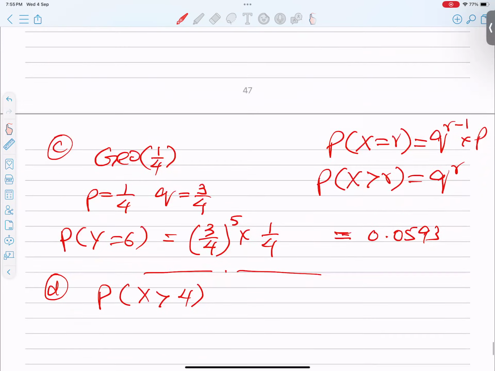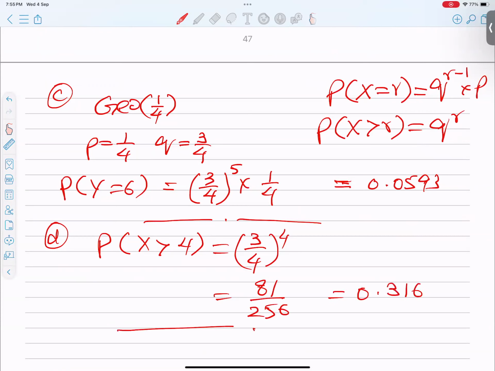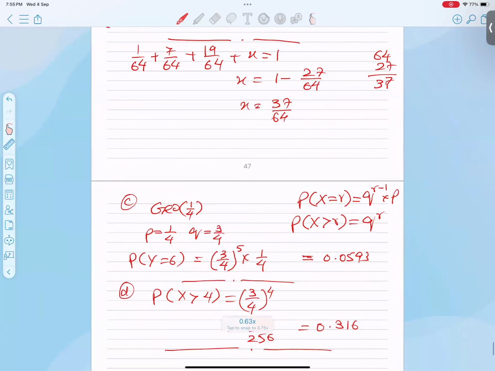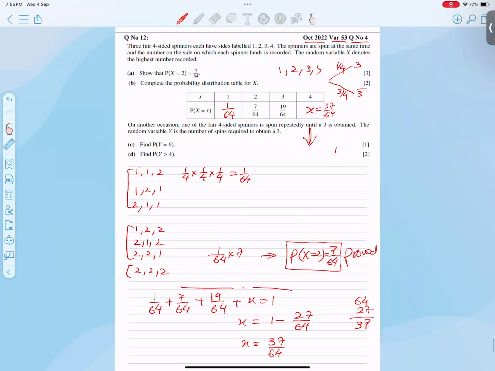How to do it? It's common sense. According to the rule, q to the power r. q is 3 over 4, so 3 over 4 to the power 4 is my answer. I'm getting 81 over 256, or in decimal 0.316. I believe the concept is totally clear, and this question is completely over.